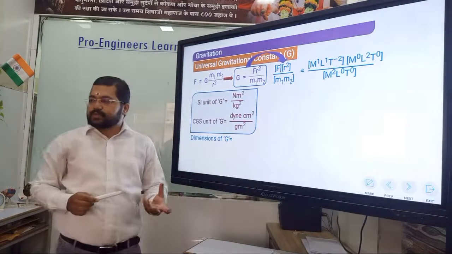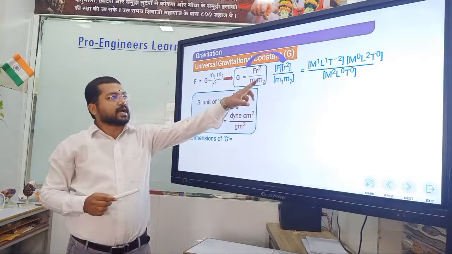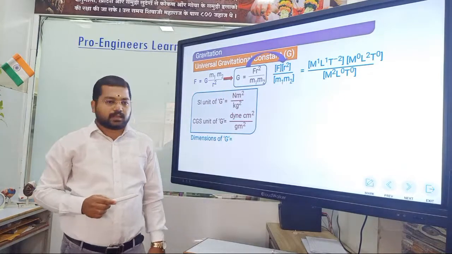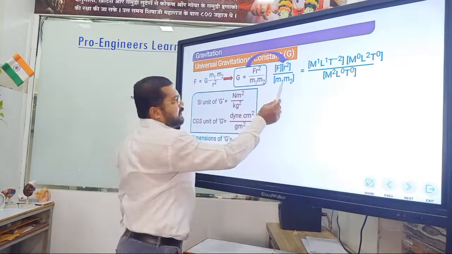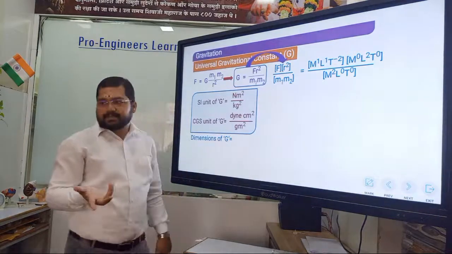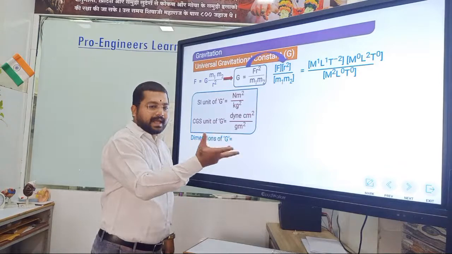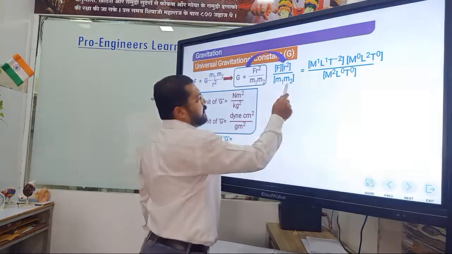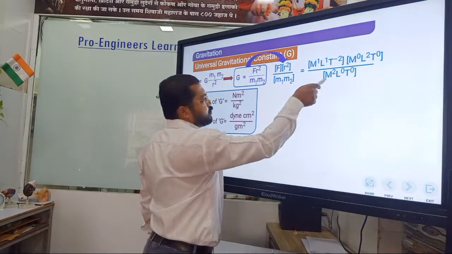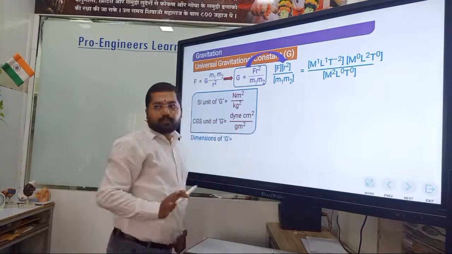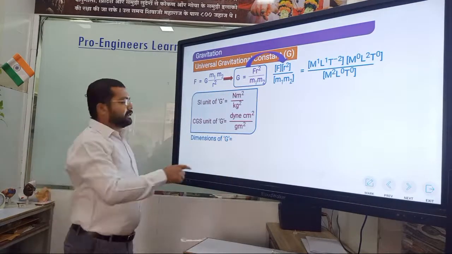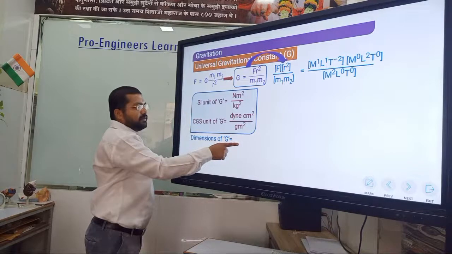Distance is only length, that's why we have mentioned L2. Clear? For M1 and M2, these are already masses. They do not require any length or time. So we have mentioned M1, M2, so M2. I think this step is very clear to everyone.